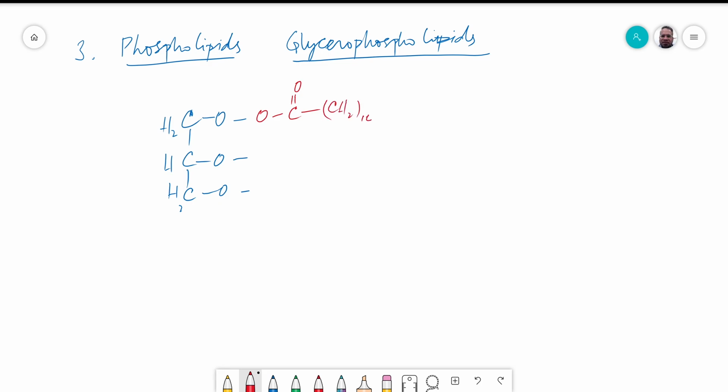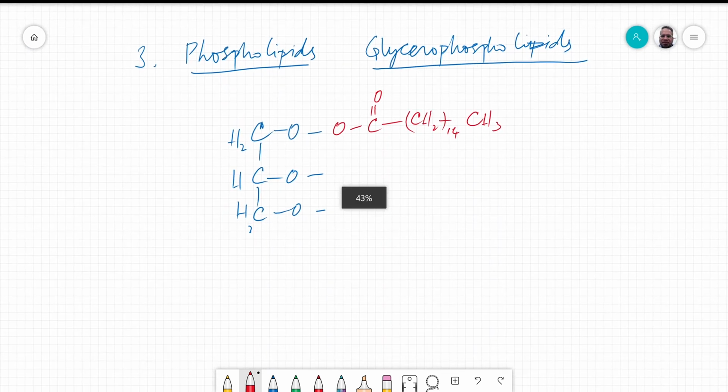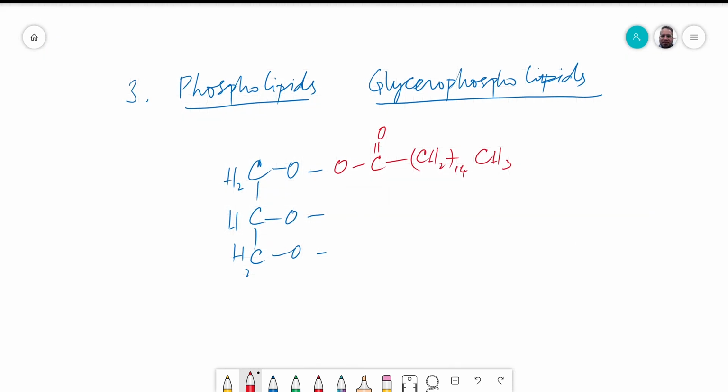I'm going to draw 14 CH3. So this is a C16 fatty acid. Let's draw again one unsaturated one here as well.